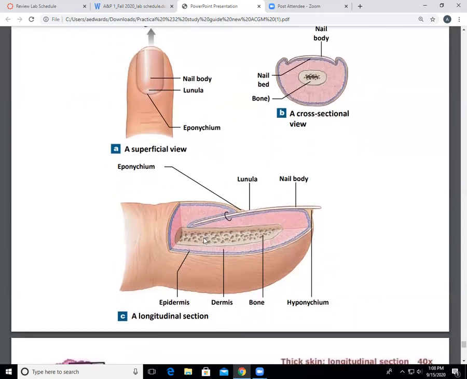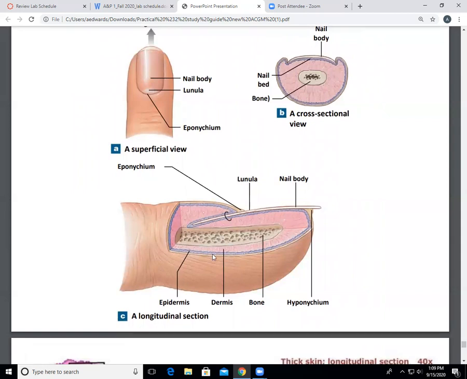So in the longitudinal view, again, you can see the bone here. It's your nail body, underneath it, again, nail bed. So the skin fold by the lunula is the eponychium again.